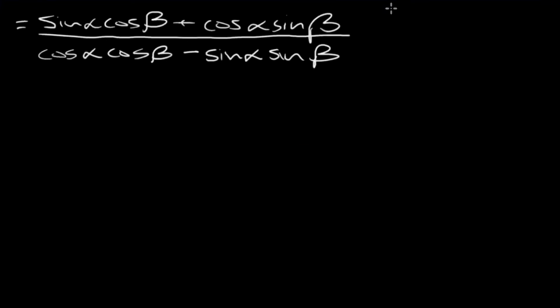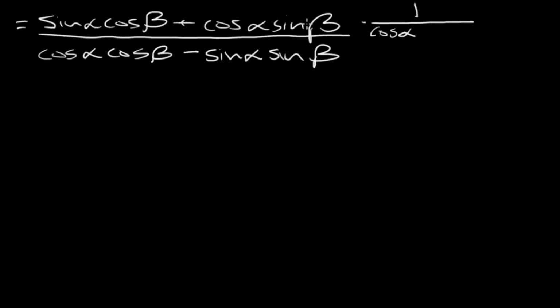So what I'm going to do is multiply by 1 over the cosine of alpha, because sine of alpha over cosine of alpha would be tangent of alpha.